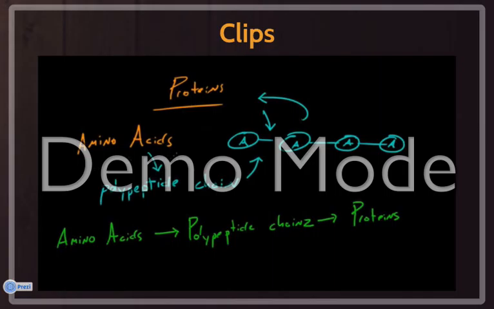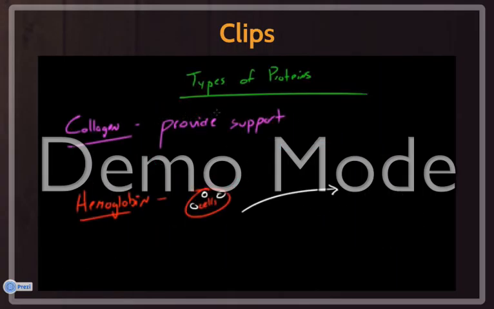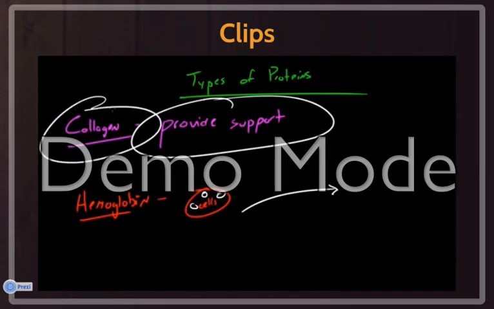So to recap one last time, proteins do a bunch of different important things in your body, and they're basically made from something called amino acids, which join together through dehydration synthesis to form polypeptide chains, and once you have enough of these chains, you can form a protein. Now, proteins, like I said, do a bunch of different things, including providing support, which is the main job of them in your body.